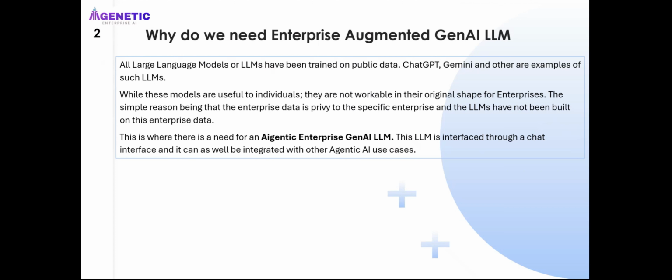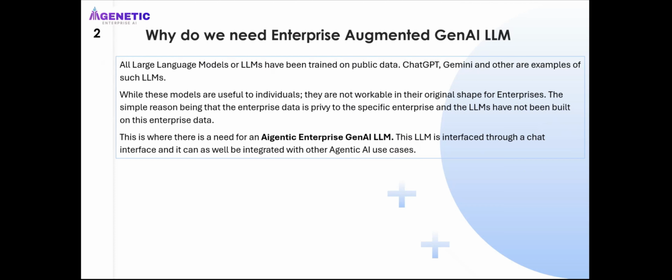While these models are useful to individuals, they are not workable in their original shape for enterprises. Why is it so? The simple reason being that the enterprise data is private to the specific enterprise, and LLMs have not been built on this enterprise data. So they do not understand the enterprise context.